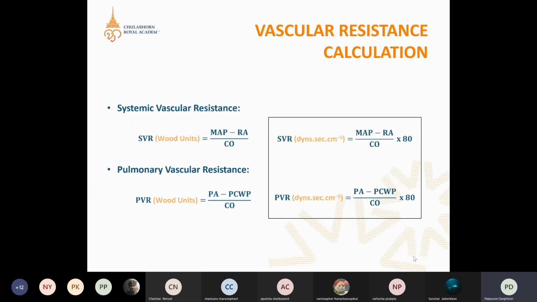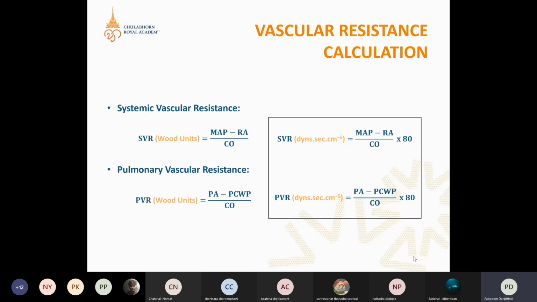Actually the starting point of the systemic circulation will start from the aorta, right? And then finish at the RA. So it should be MAP minus RAP and then divided by the cardiac output.